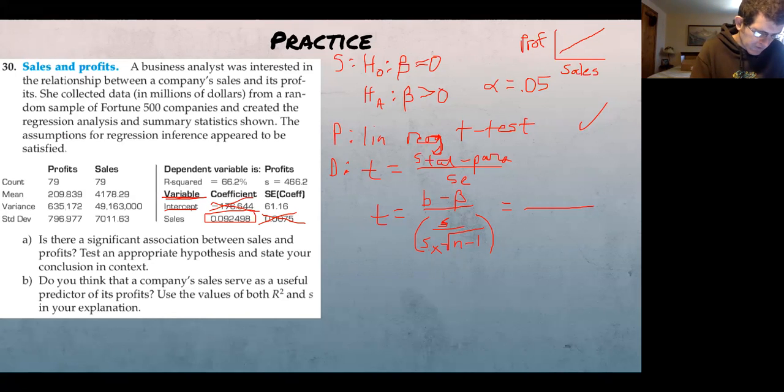So anyways, I got 0.0925 minus 0. And now I need to find s. This is the only thing given in the printout that is labeled with the notation that we expect.